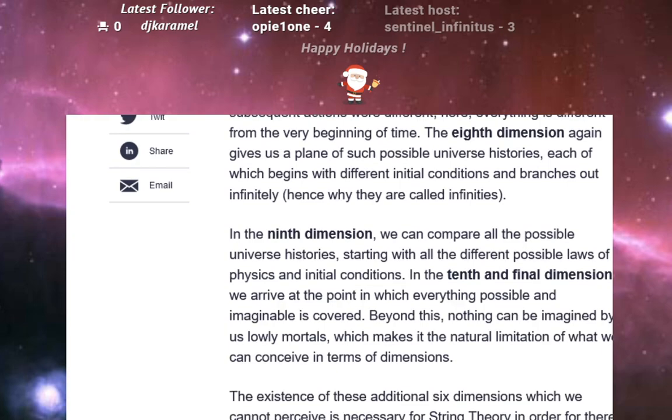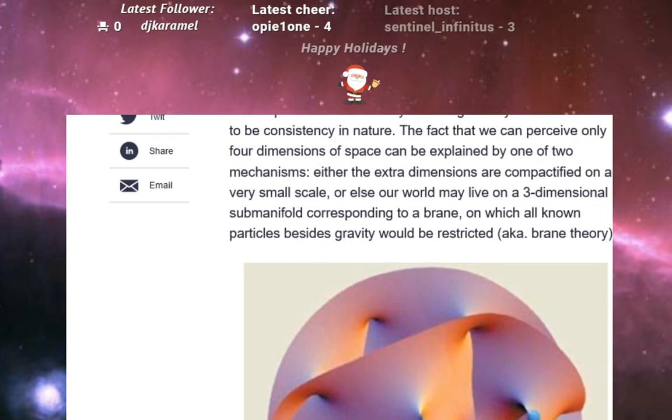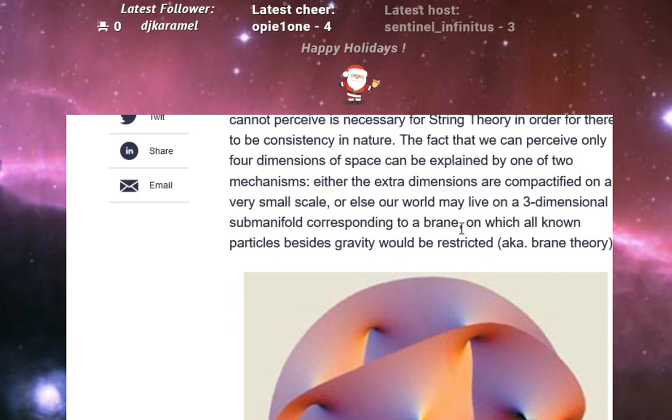This is on phys.org. Okay, I just read about this brane thing, corresponding to a brane on which all known particles besides gravity would be restricted. Brane theory.